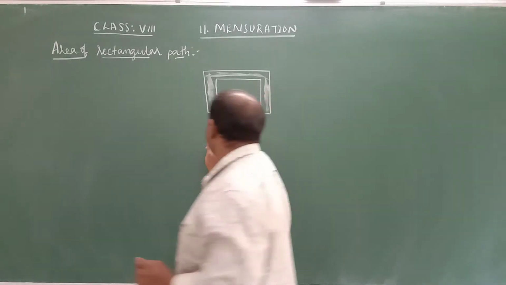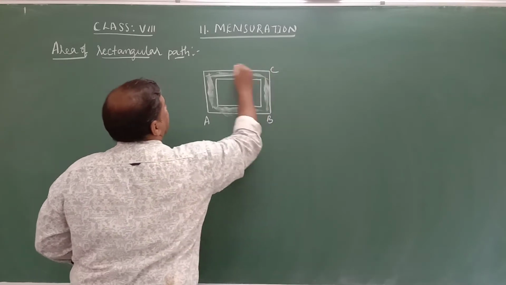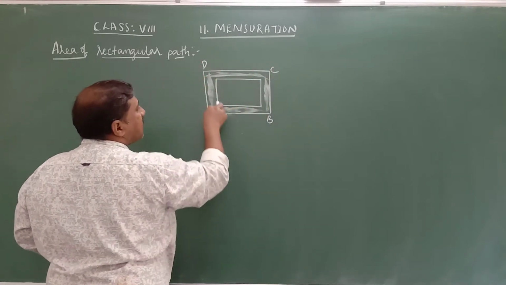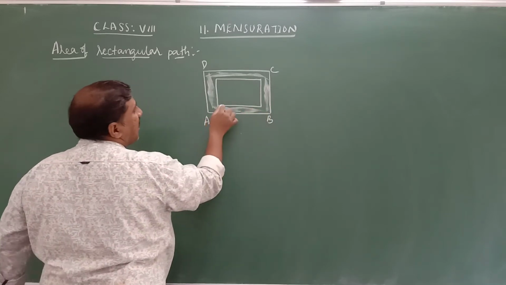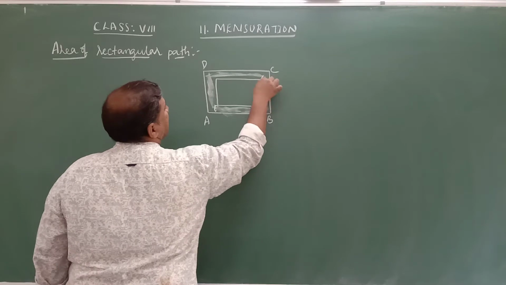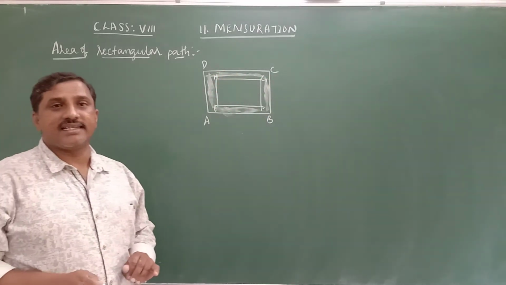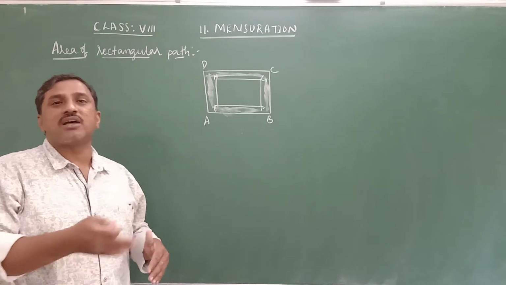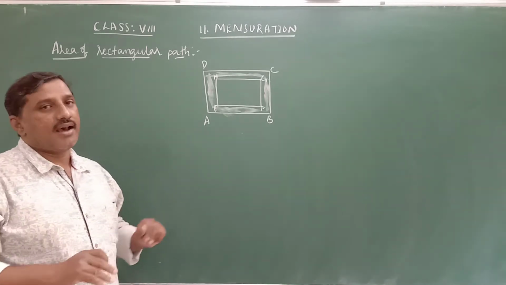Here, consider rectangle ABCD as the garden, and the rectangular path is the shaded region, and EFGH is the rectangle inside. Sometimes you may find the path outside also, with some given width.